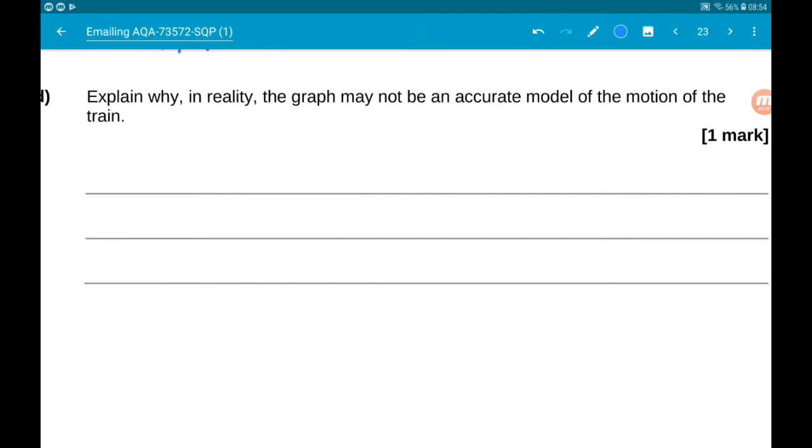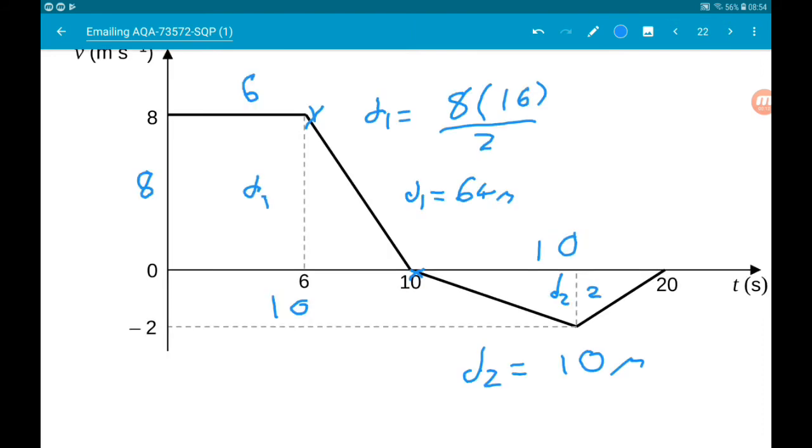Then part D wants us to explain why, in reality, the graph may not be an accurate model for the motion of the train. On the graph, every section is a straight line, so in each section there is constant acceleration. So our acceleration is immediately changing from one constant value to another constant value.